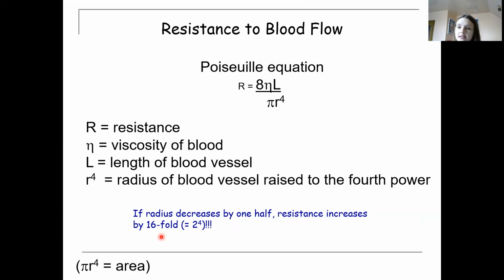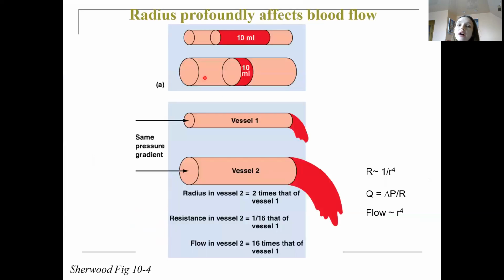Now let's discuss this moment in detail. So radius profoundly affects blood flow. In vessel 1, for instance, the blood will flow with a speed of about 1 millimeter per second. But when the diameter of the vessel is going to increase twice, the speed in this vessel will be bigger.